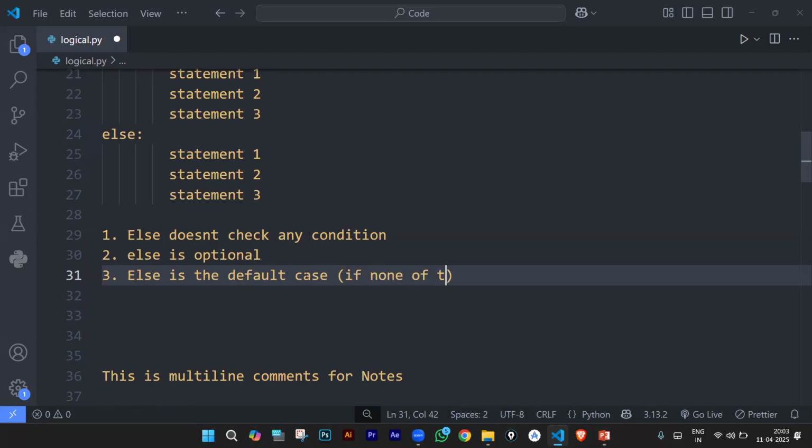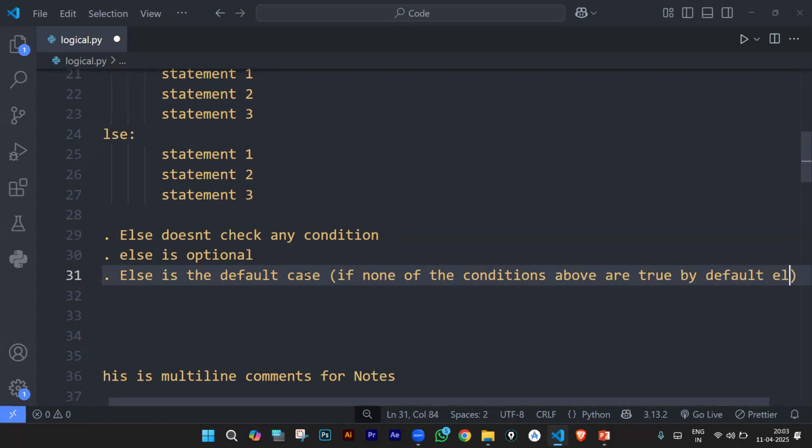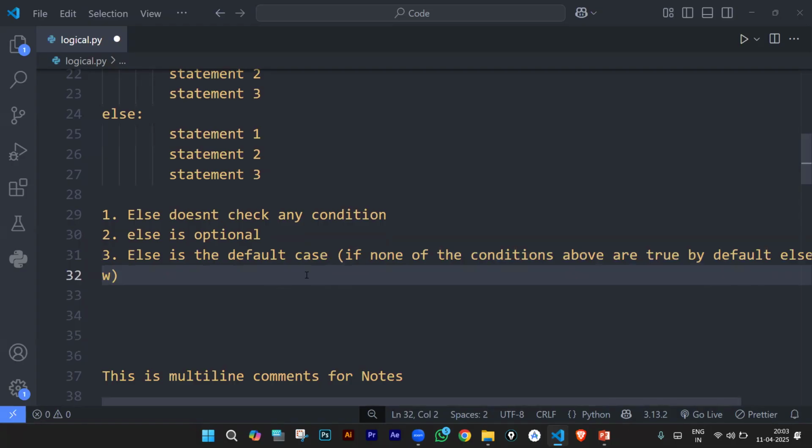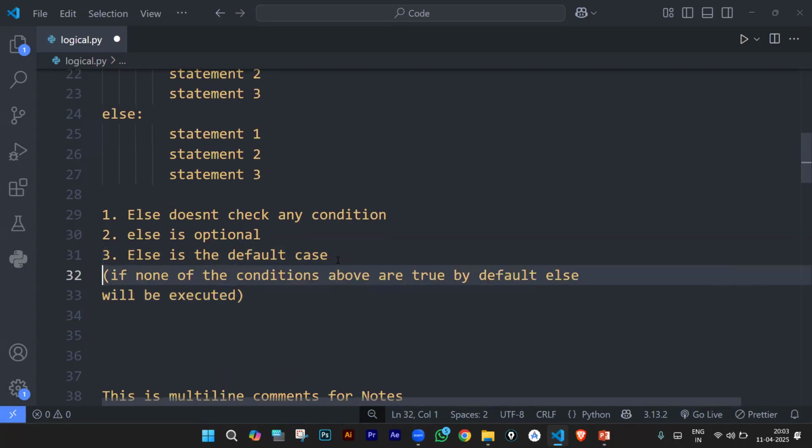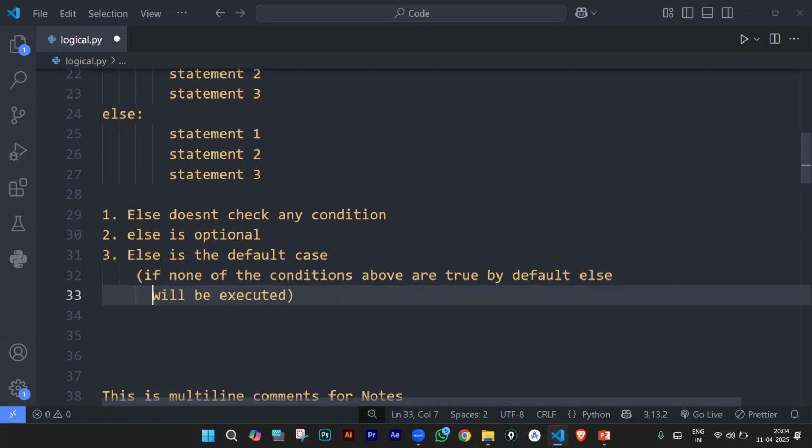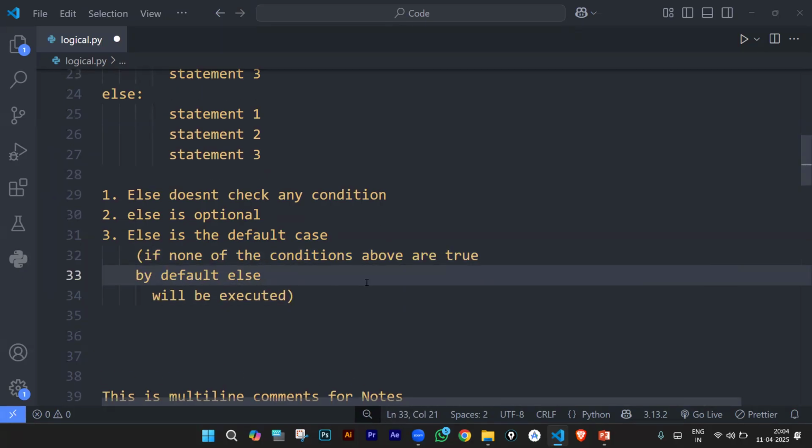If none of the conditions above are true, by default, else will be executed.